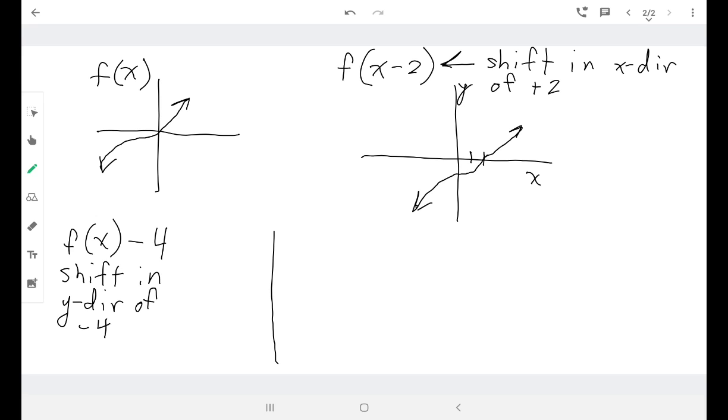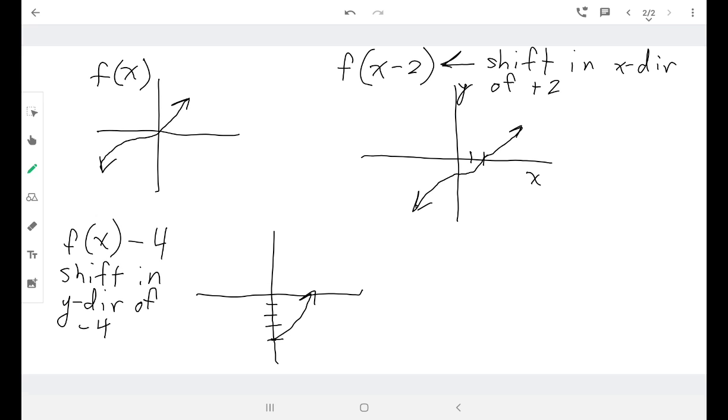So what would that do? That would take the original graph again, and it would shift it in the y direction by minus 4, so that middle part and the entire graph with it would move down 4.